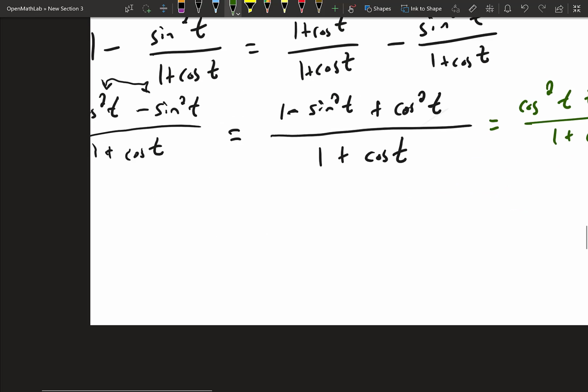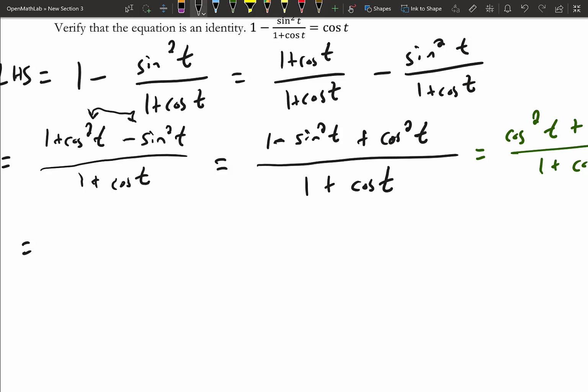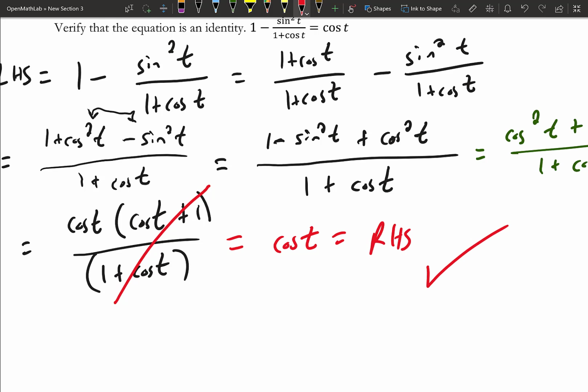Now we're getting closer, because in the top I can factor out cosine t. That would be cosine t times cosine t plus 1, divided by 1 plus cosine t. These two factors can cross out, and what we're left with is just cosine t, which is what we're after. That's equal to the right-hand side. So that's verified.